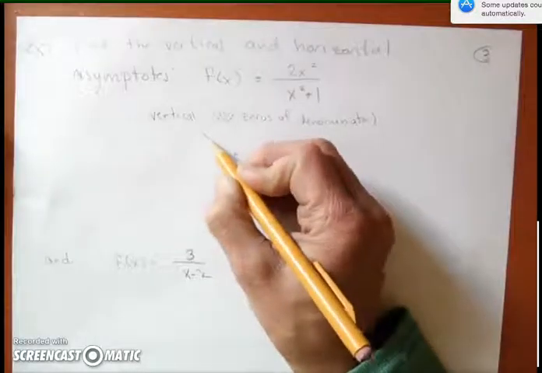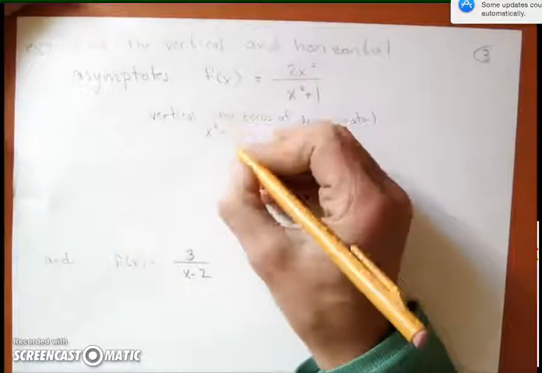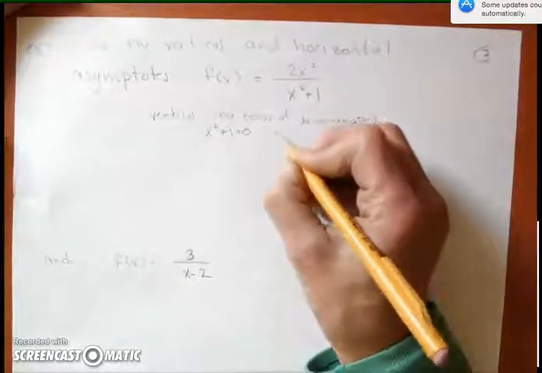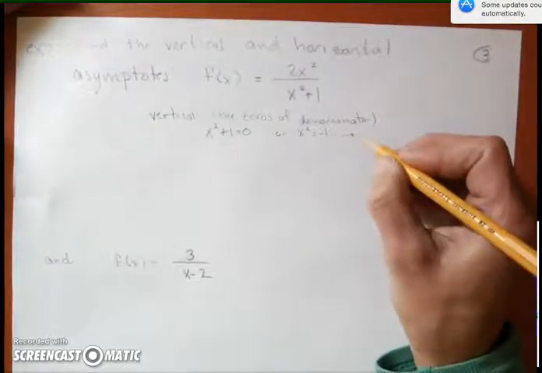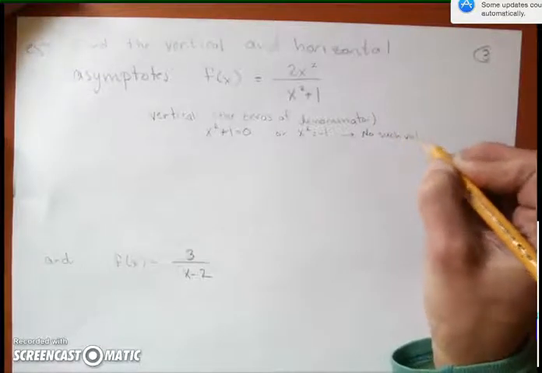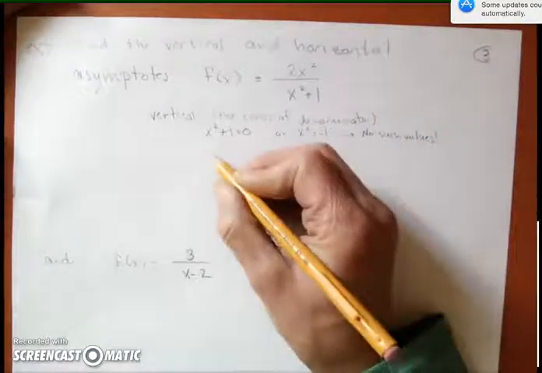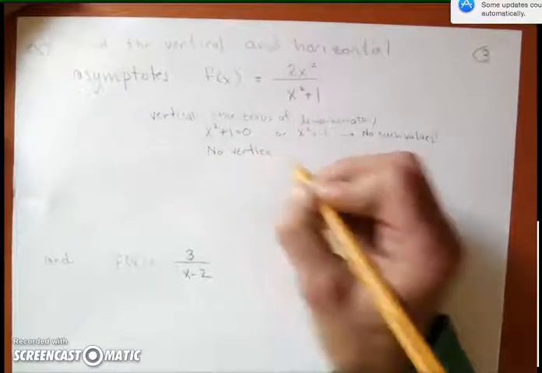So we'd be looking for values of x such that x squared plus 1 equals 0, or x squared equals negative 1. There are no such values. So this has no vertical asymptotes because the denominator has no zeros.